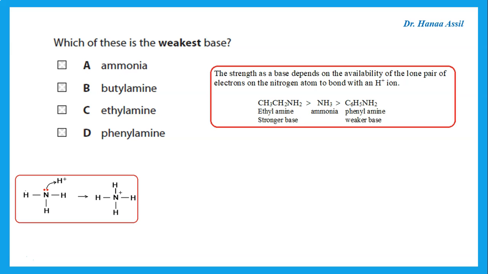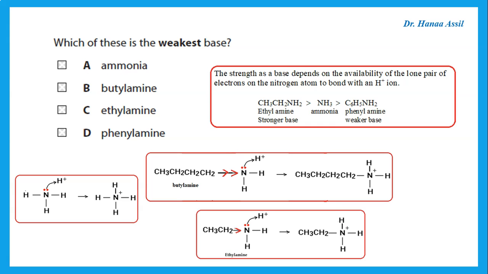For example, ammonia has 3 hydrogens. It has a lone pair of electrons on the nitrogen that can be used to make a dative bond with an H+ ion, and that is why we say ammonia is a base. So what about butylamine or ethylamine?